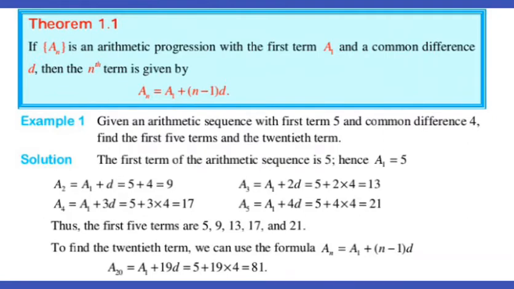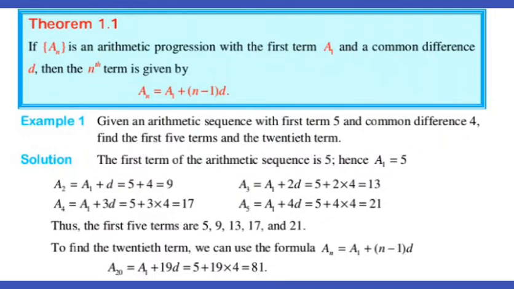Given an arithmetic sequence with first term 5 and common difference 4, find the first 5 terms and the 20th term. It is simple. We take the given a1 equals 5 and the common difference is 4.